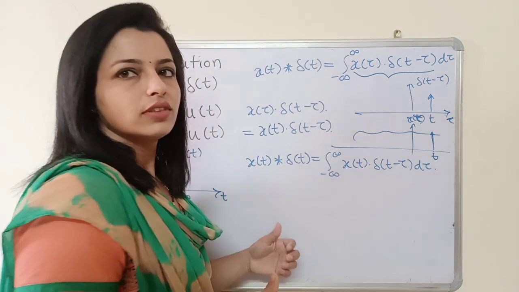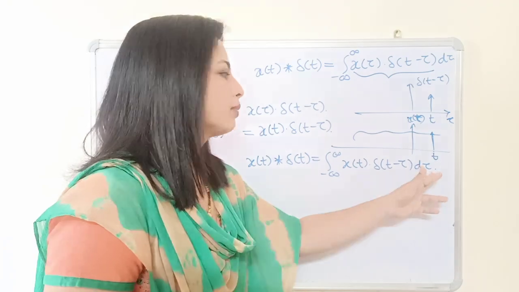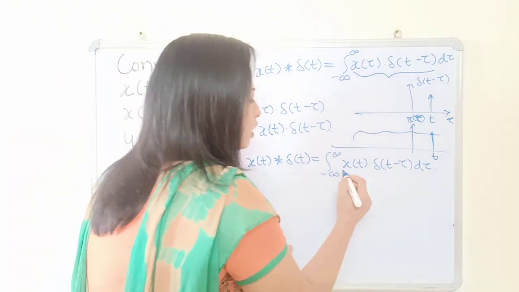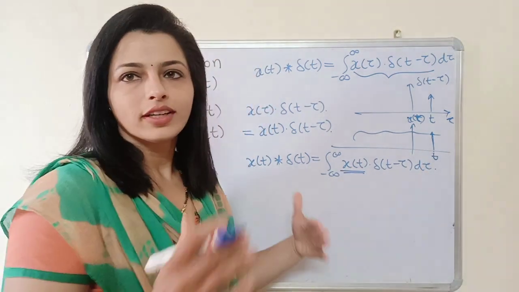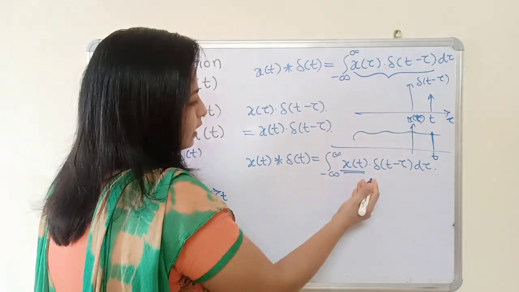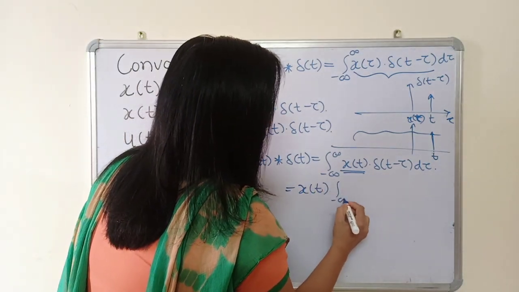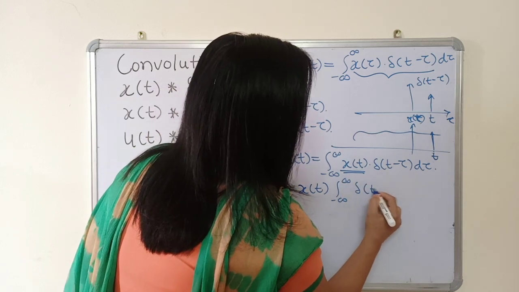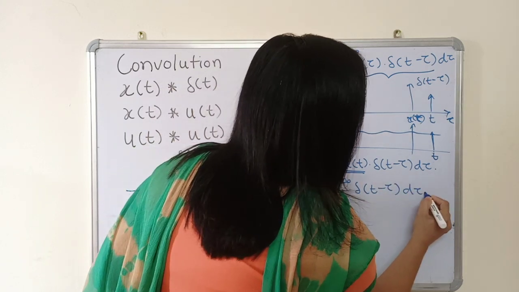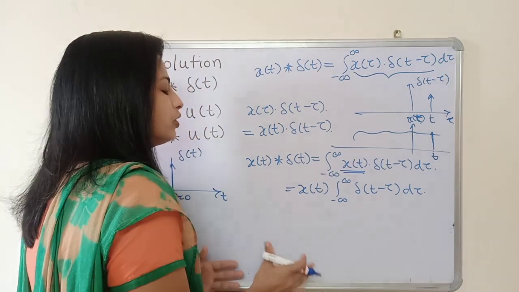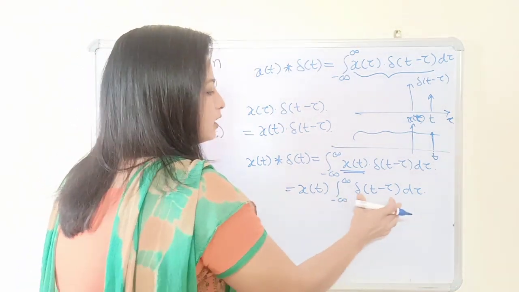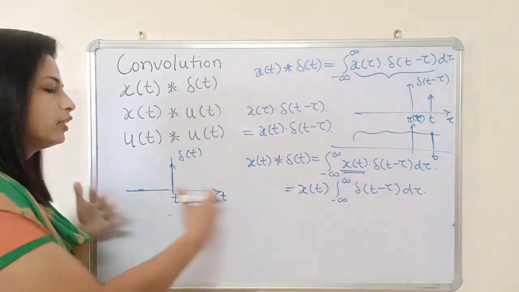Now this integration is with respect to tau. So this term x of t does not contain tau, so we can take this term out. Del of t minus tau d tau. Now we will see the integration of this impulse from minus infinity to infinity.